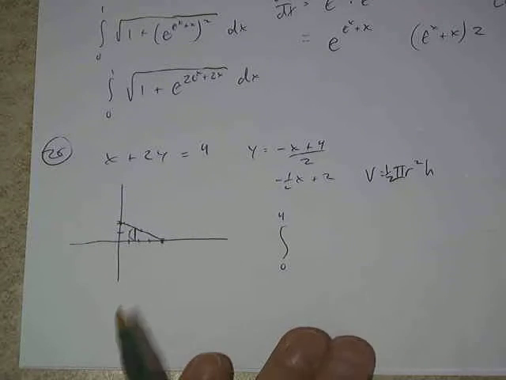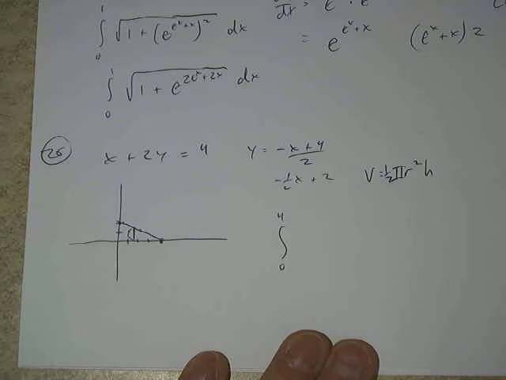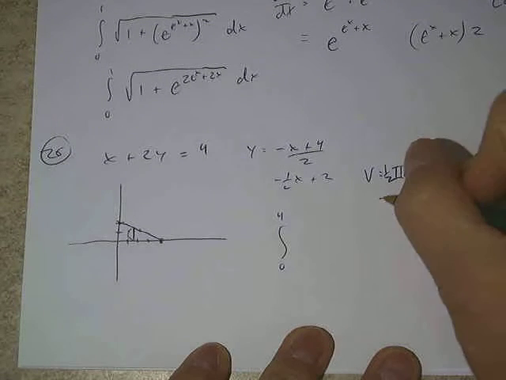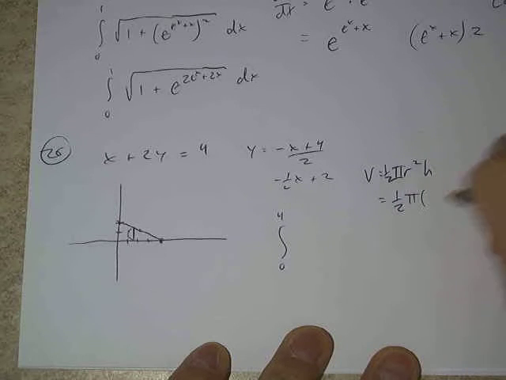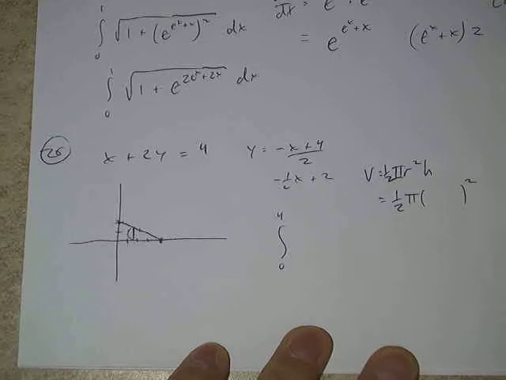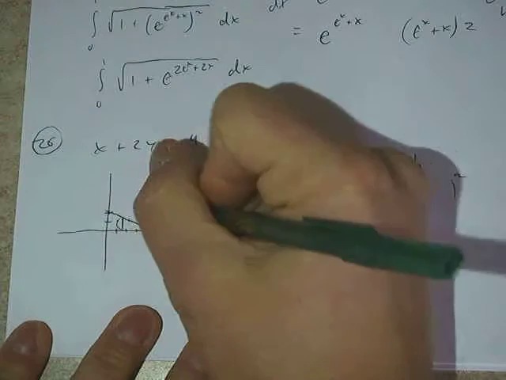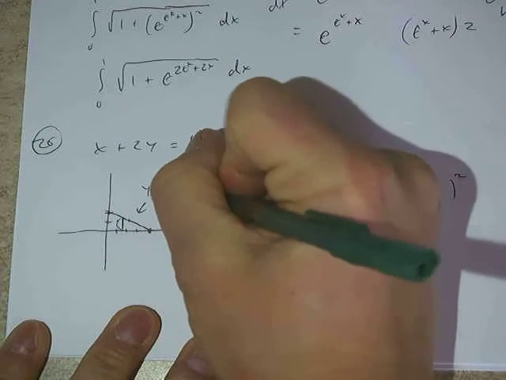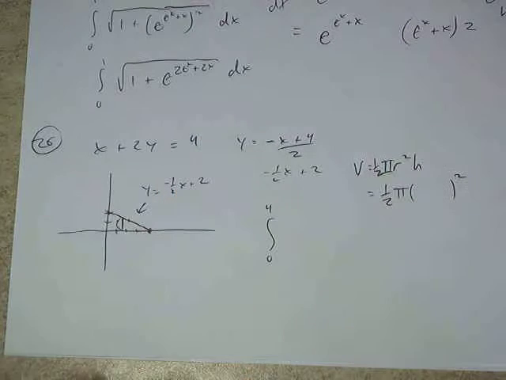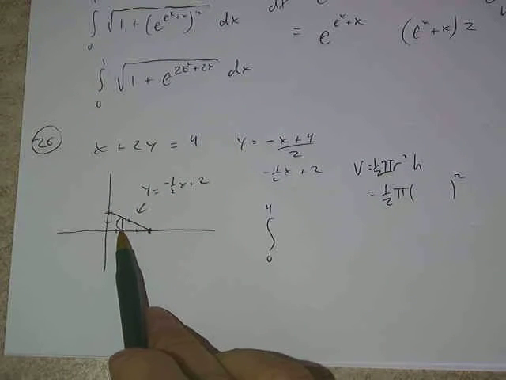Right, so the issue is, can we come up with an expression that would give us the volume of our semicircle in this case? Well, keep in mind the function here is y equals negative 1/2 x plus 2. So what would be the radius of this semicircle? It'd be half of that, wouldn't it?